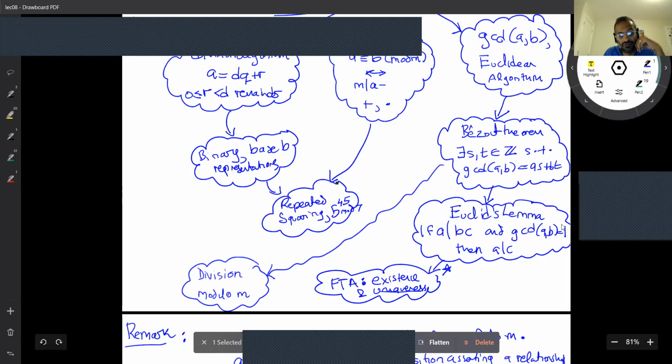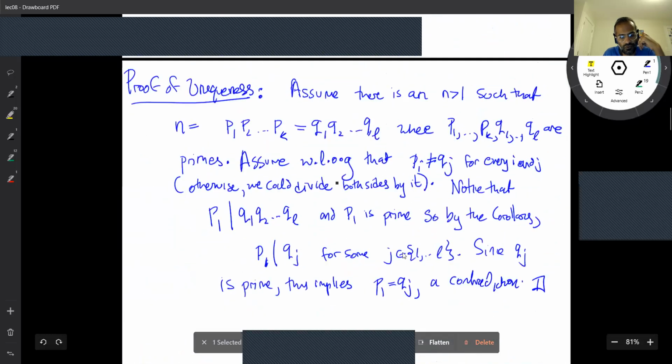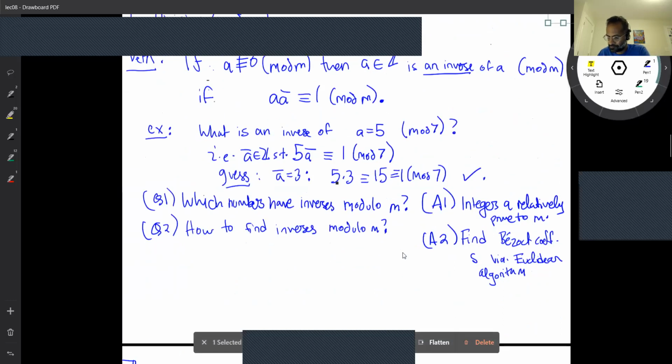Like which numbers have inverses, namely those that are relatively prime to m. So now, is this clear, or are there any questions about this?